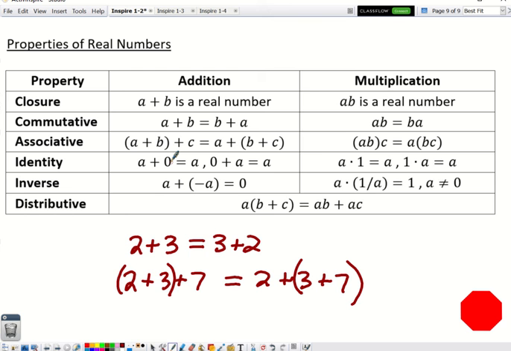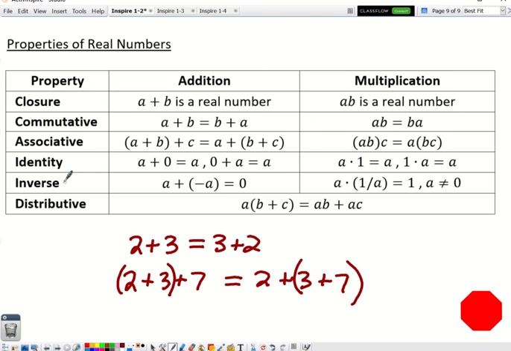Just like any number, if you multiply it by 1, it maintains its identity. So that's the identity property of multiplication, because multiplying by 1 doesn't change it.